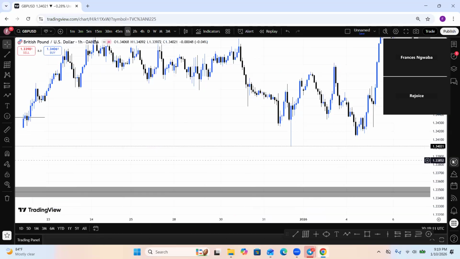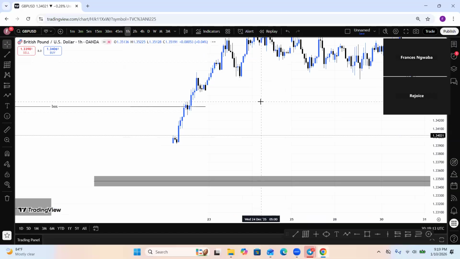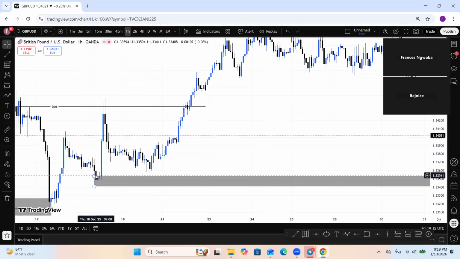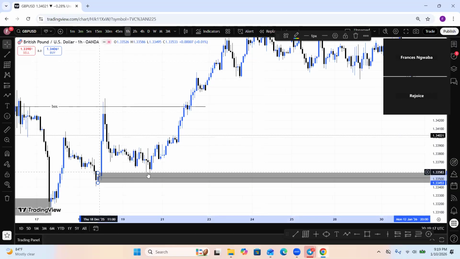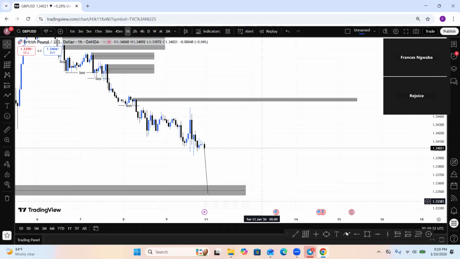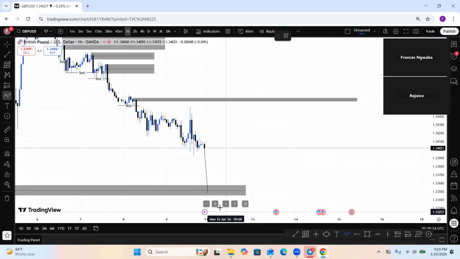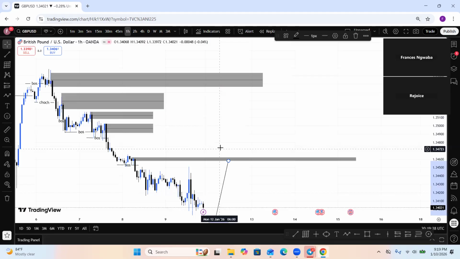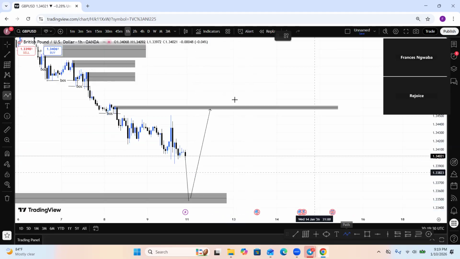Remember this order block here is actually ESF. I'm going to wait for price to tap in there, to this level, and take a sell from here.